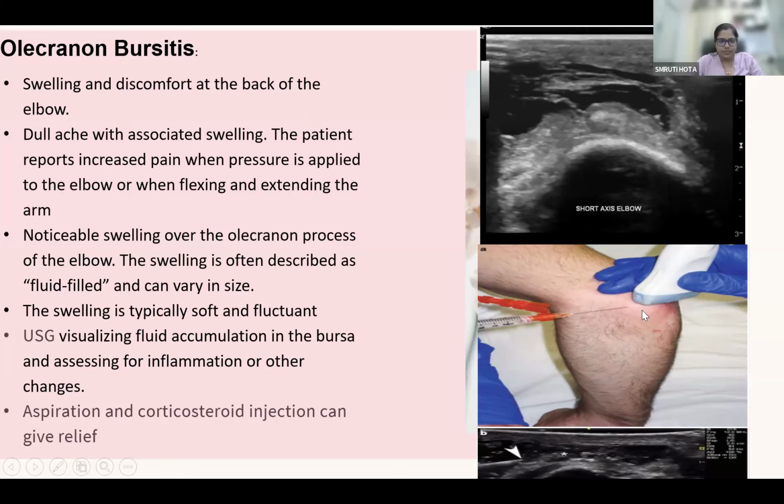Over the swelling you can see the typical cystic appearance and fluctuant nature of the cyst, and under ultrasound guidance you can easily see the fluid-filled black area over the bony prominence, and you can directly aspirate and inject, or under ultrasound guidance aspirate and give a corticosteroid injection.